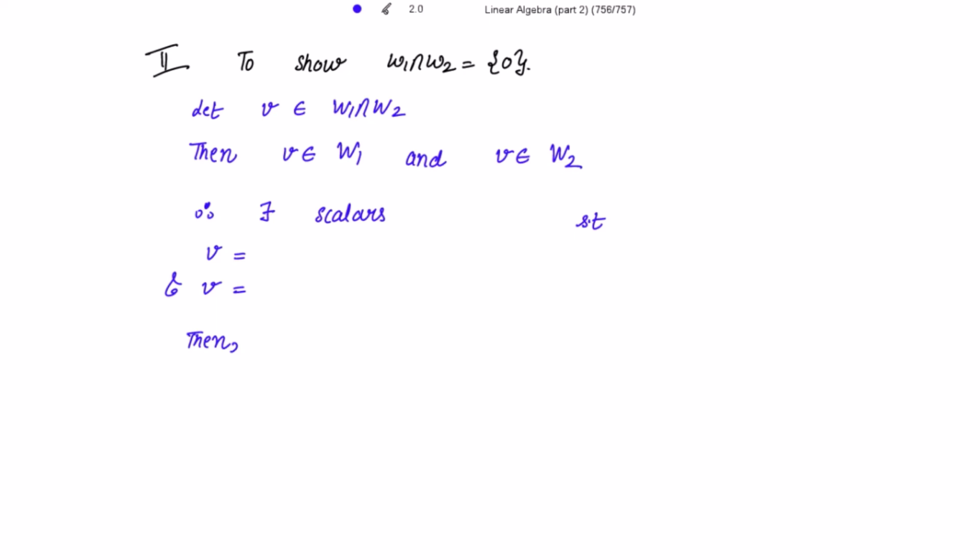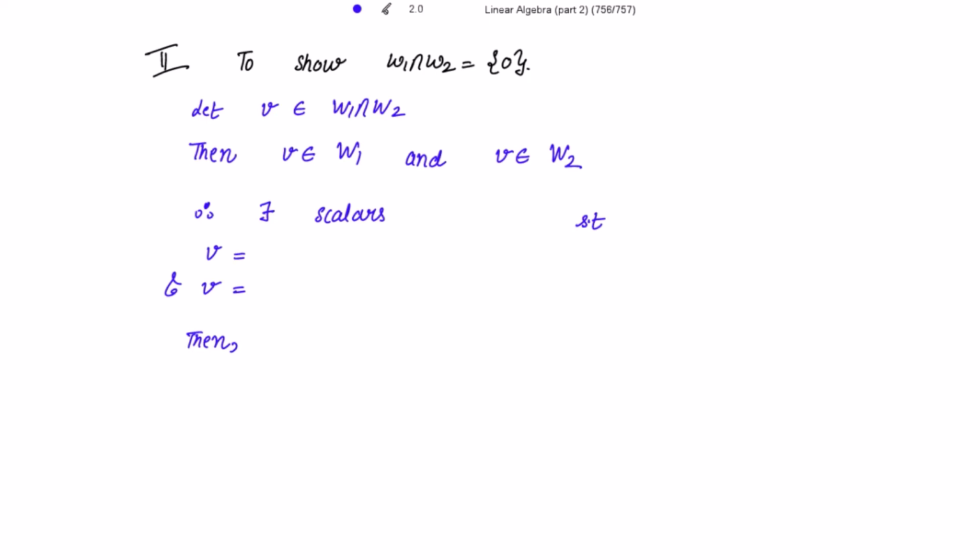Because W1 is generated by V1, V2, every element of W1 is a linear combination of V1 and V2. Similarly, every element of W2 is a linear combination of the generators of W2, which is only V3.